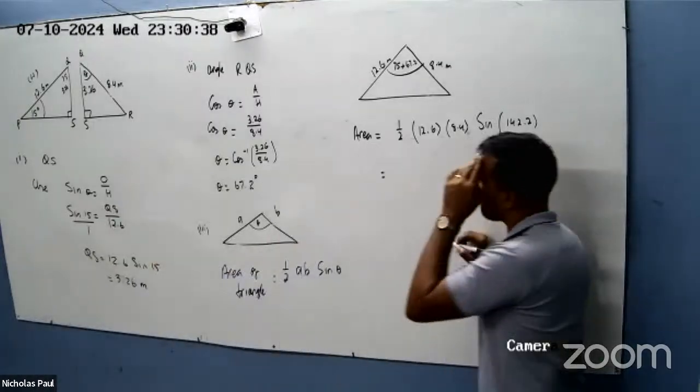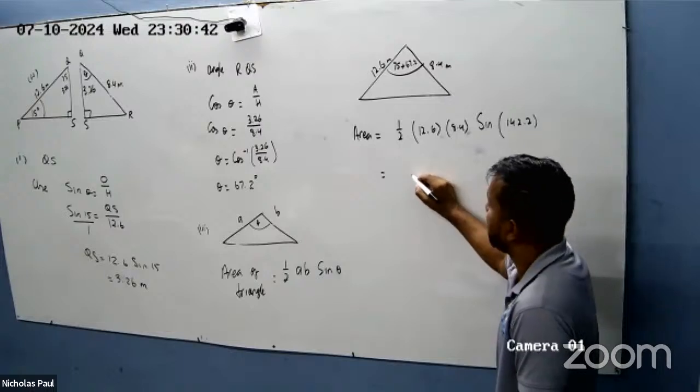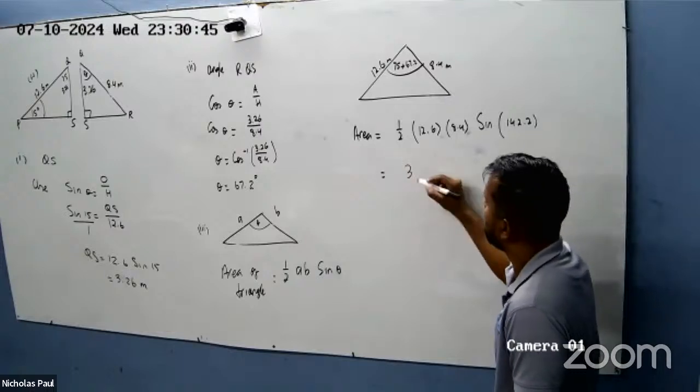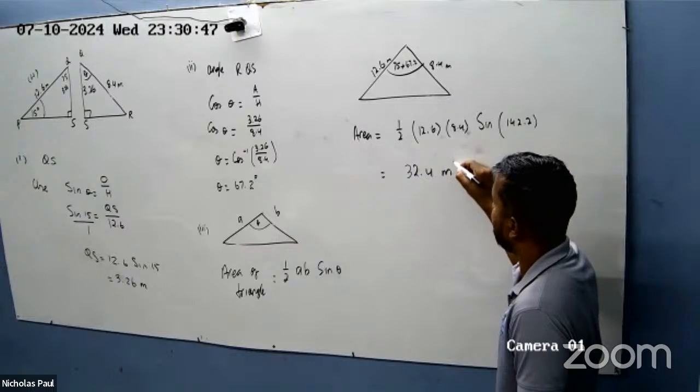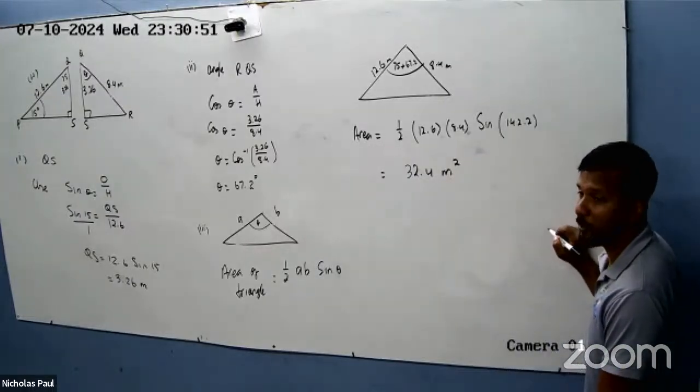How much do you got here? 32.2 meters squared, right? Are you okay with that? Jeremy, good with that?